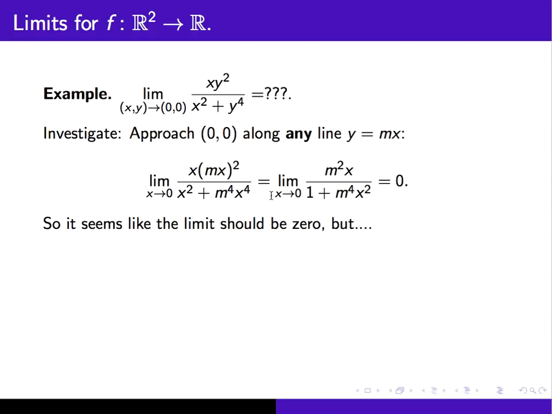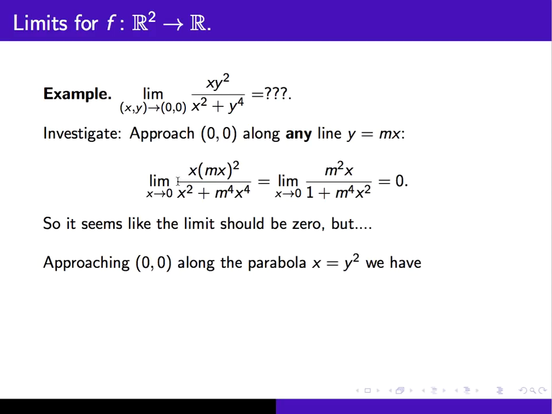But let's see what happens if we approach (0,0) along a different curve, not along a line, but let's look at what happens if we approach along the parabola. So we're going to do the same kind of analysis that we did here. Everywhere we see an x, we're going to replace it by a y squared. And then as y goes to 0, we are approaching (0,0) along this parabola.